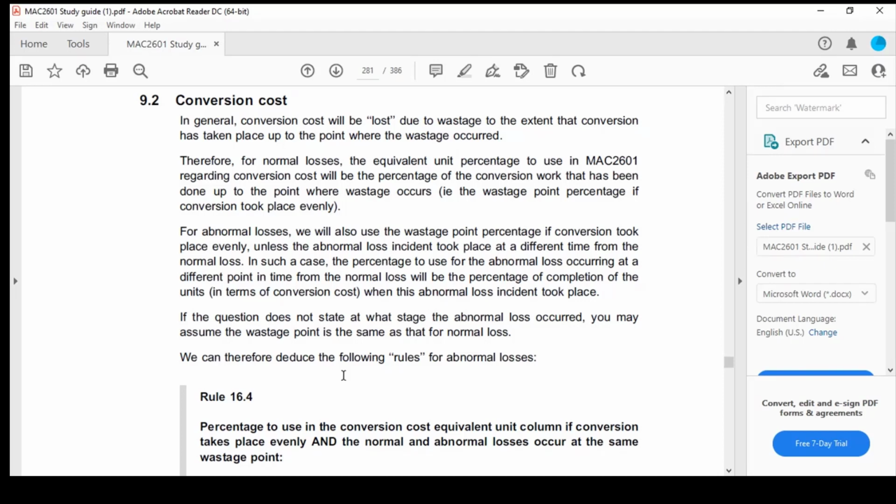So you take the percentage as is, what they tell you, because everything is happening evenly. It's not a point where labor is there and machinery overheads is at another point. If the question does not state at what stage the abnormal loss occurred, you must assume it's at the same wastage point as your normal loss.